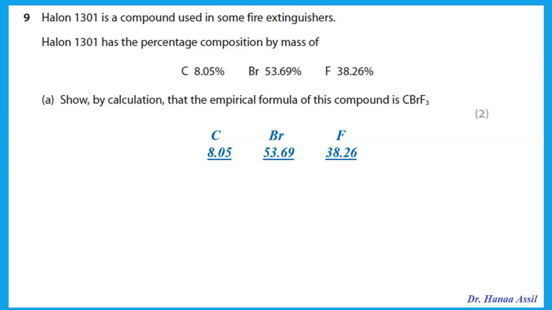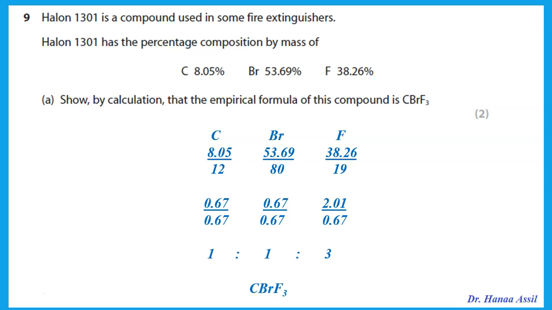First, divide by mass number in order to get the number of moles of each. And then we need to simplify these ratios, so we divide by the smallest. And this gives me a ratio of 1 to 1 to 3. Please do not stop here. This tells me that the empirical formula is CBrF3.